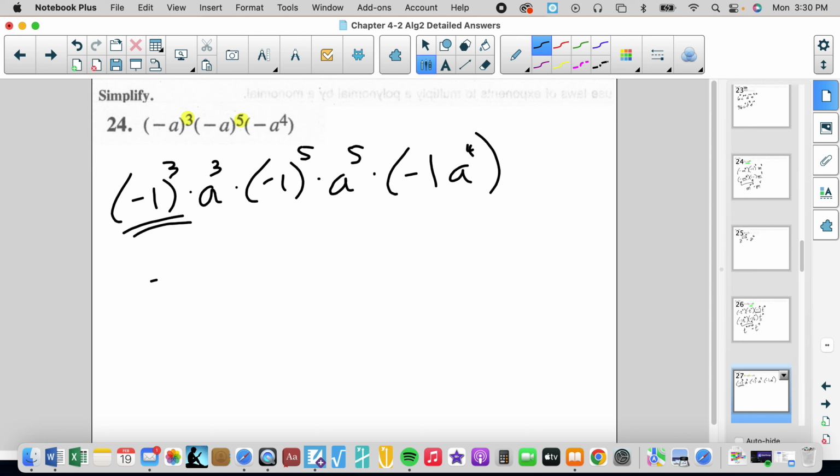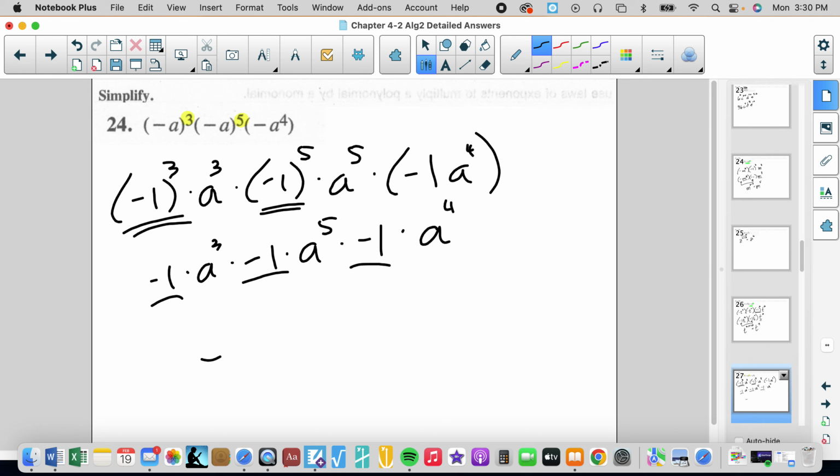This gives us negative 1 times a to the 3rd, negative 1 times a to the 5th, times negative 1 times a to the 4th. Negative, negative, negative gives me negative. We have like bases that are being multiplied. That's a to the 3 plus 5 plus 4, which is negative a to the 12th.